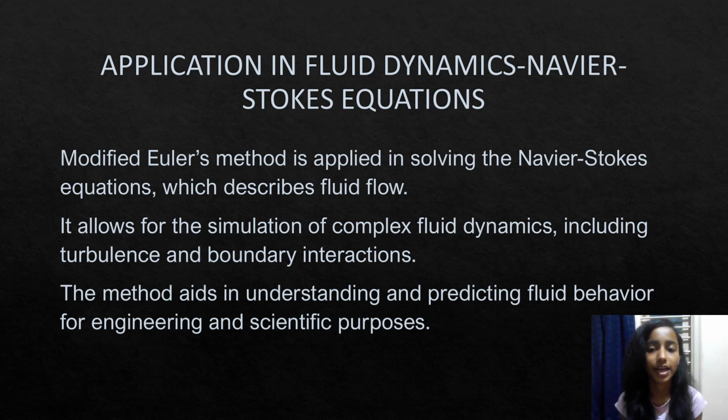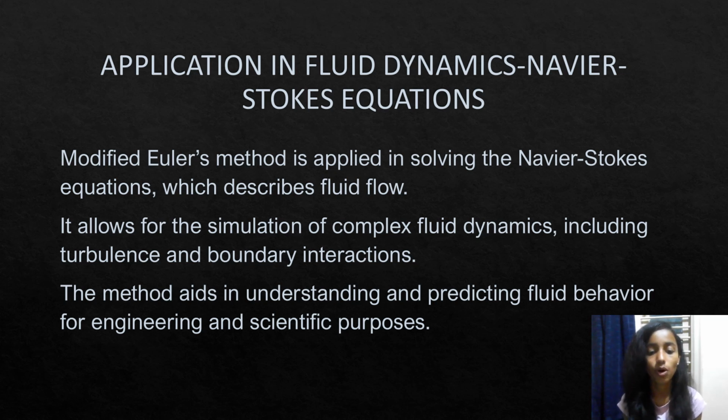Application in fluid dynamics, Navier-Stokes equation. This method is useful when dealing with complex fluid flow problems that cannot be solved analytically. By discretizing the domain and using a finite difference scheme, modified Euler's method allows for efficient and accurate calculations of fluid flow behavior.